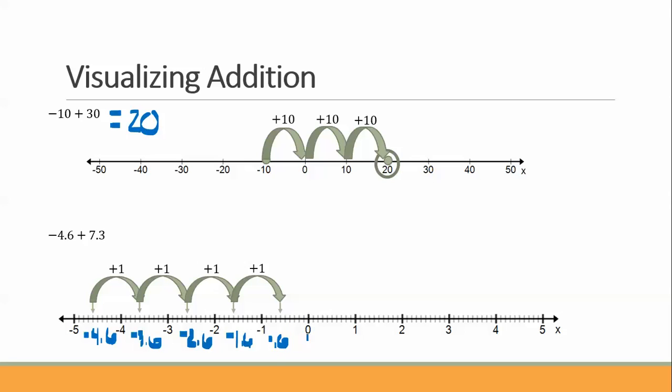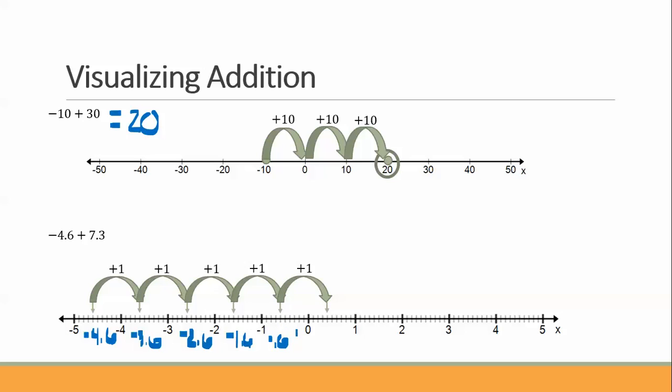Now this is where it's going to get a little tricky, because we're jumping over the 0 line. We're going from negative numbers to positive numbers. So we have negative 0.6. That's 1, 2, 3, 4 tick marks to the right of negative 1.